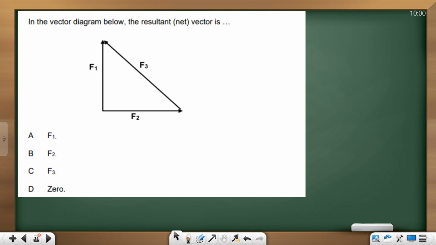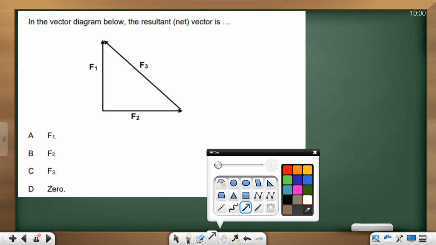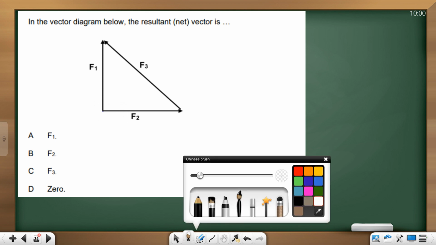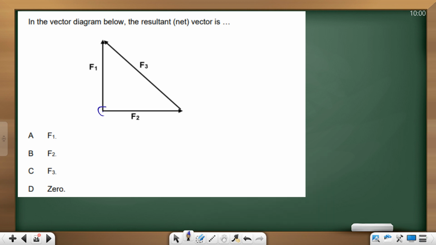Check, guys. If you say F3, okay. If I say F1 is my force, F2 is my force, tail to tail here, please don't jump into answering. Reason it out.